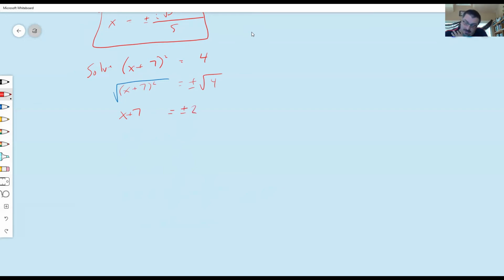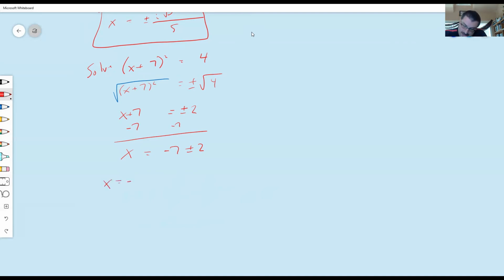Getting x by itself, minus 7 minus 7. x equals minus 7 plus or minus 2. Now, some people would argue you can leave your answer in this position, and sometimes you can, sometimes you can't. The biggest thing to keep in mind is 7 and 2 add and subtract together very nicely. So if they do, go ahead and do it.